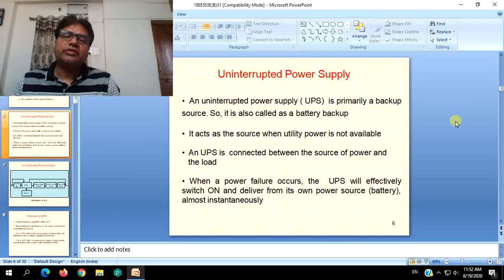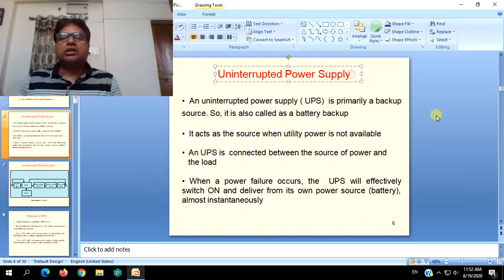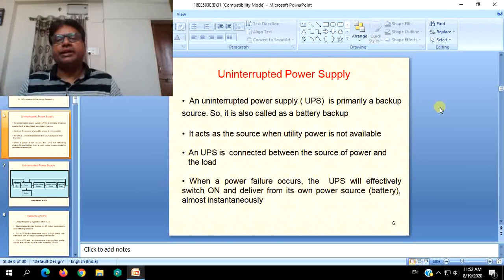This is an added feature to the normal manual battery backup, and from there the evolution of UPS, or uninterrupted power supply, started. Uninterrupted power supply, as the name indicates, is a power supply which will make sure that the load will be getting its power without any interruption, irrespective of whether the prime or main power supply is there or not.